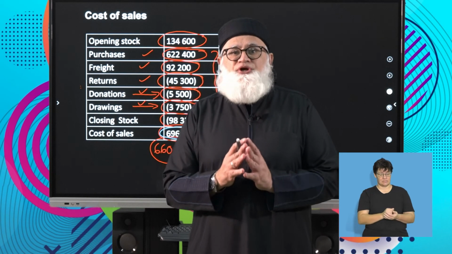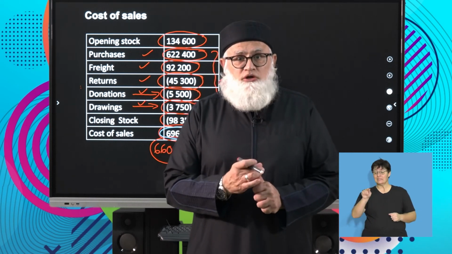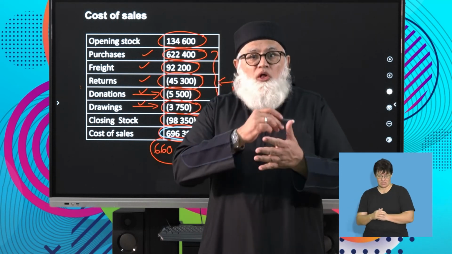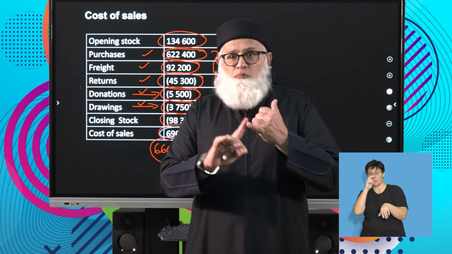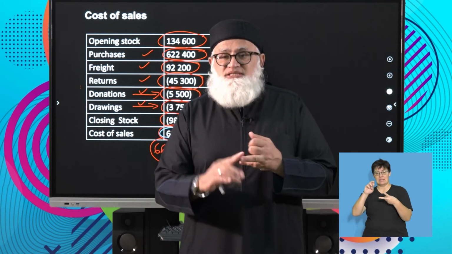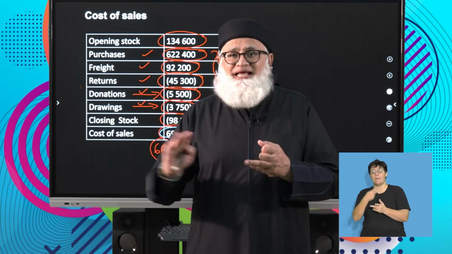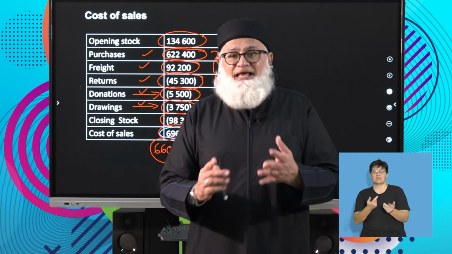In terms of periodic inventory, we know for one, the emphasis on the purchases account. Record all the components that you need to calculate cost of sales. Opening stock, net purchases. What is net purchases? Purchases, less returns, less donations, less drawings, right? Add expenses on purchases, like what?